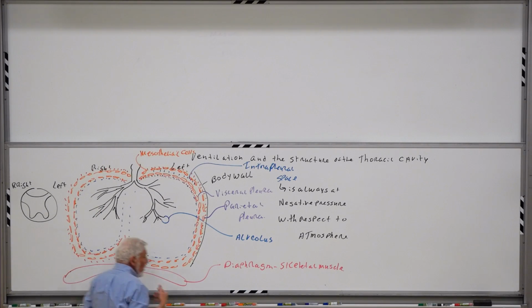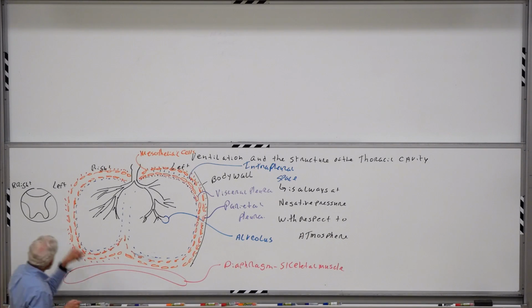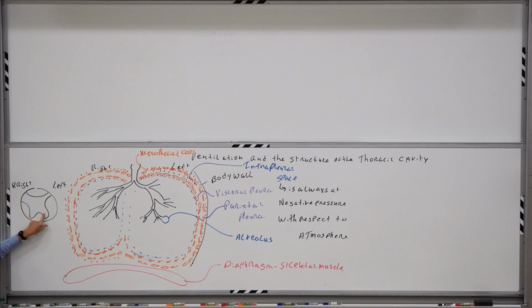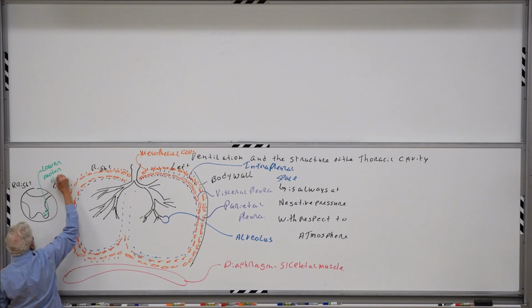Then what I want to do is follow the path of the lower motor neurons. Now remember, whenever you see a cross-section of the spinal cord like this, and we talk about the ventral horn, this is going to be the home of lower motor neurons. So we're going to find neuronal cell bodies of lower motor neurons in here.